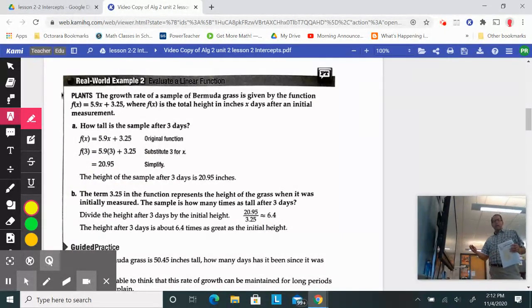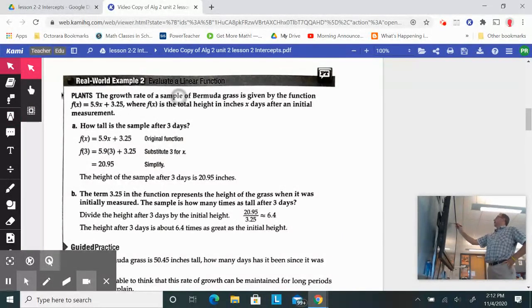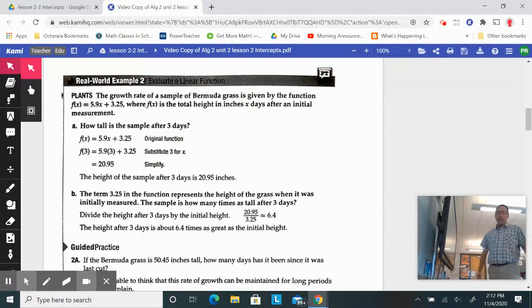Okay, on the back of that first page of notes, we open it up, on the back there, it has a real life example of where this can be applied. It's talking about the growth rate on a sample of Bermuda grass. So people go to Penn State a lot for turf management, for how to take care of outside, like landscaping, that kind of thing, and the grasses.